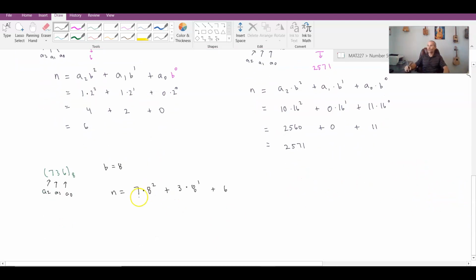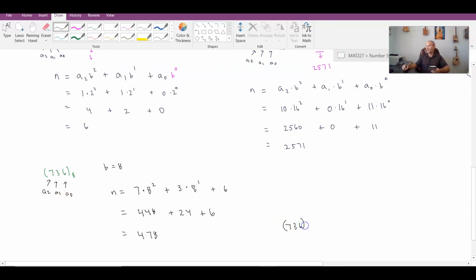And so 8 squared is 64. 64 times 7 comes out to 448 plus 24 plus 6, which gives me 478.